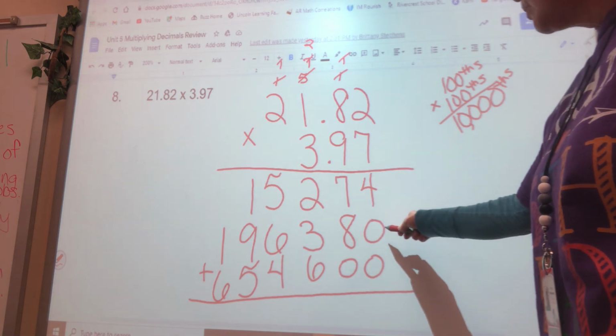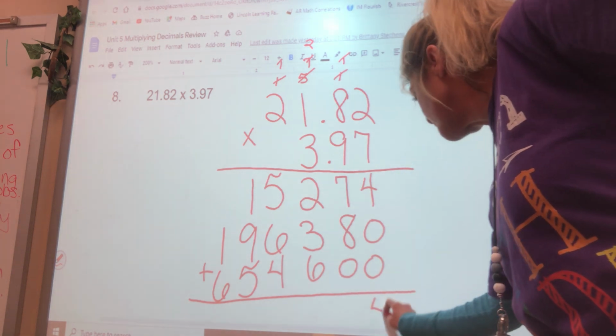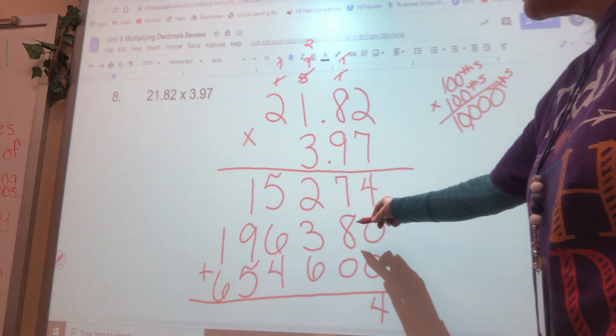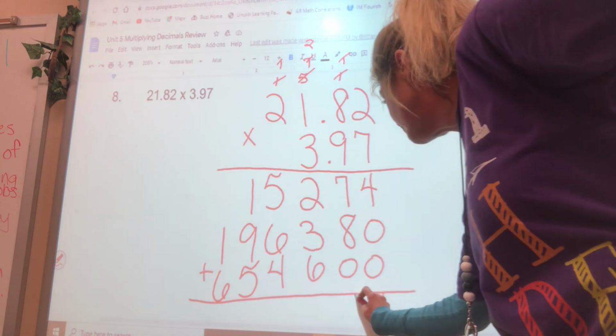4 plus 0 is 4. 7 plus 8 is 15, plus 0 is still 15.